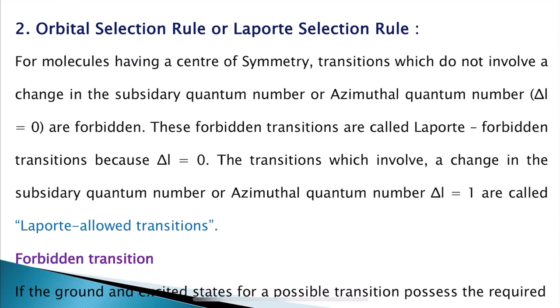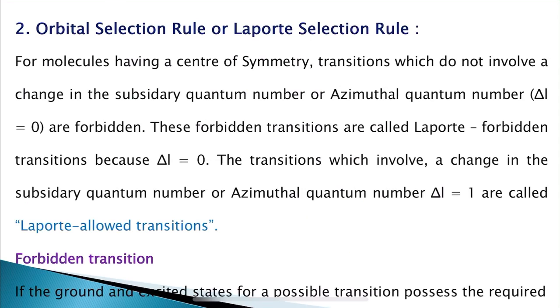Another rule is that if the subsidiary or azimuthal quantum number is not changed, then the transition is not allowed. Only when there is a change in the azimuthal quantum number is the electronic transition allowed.